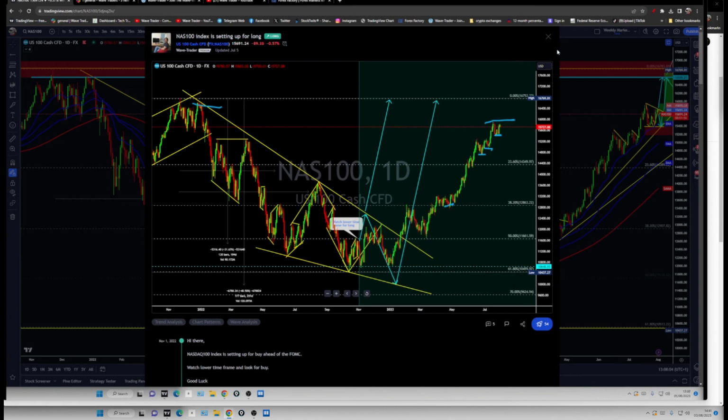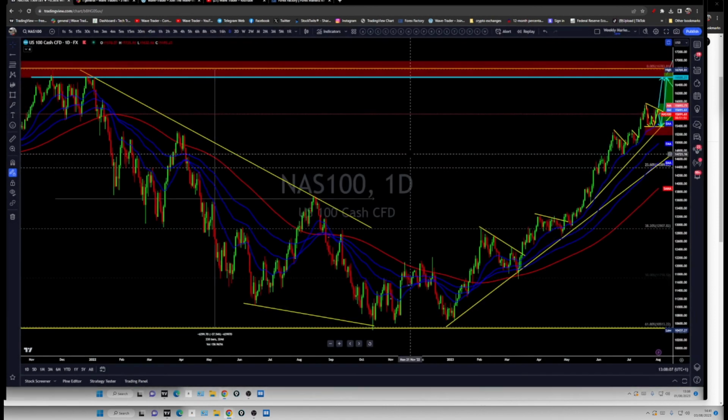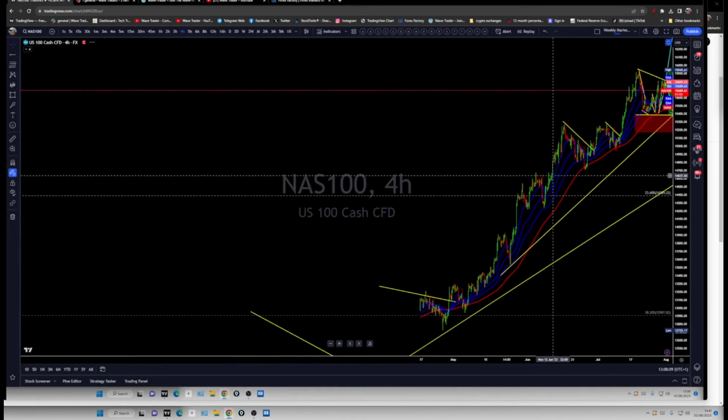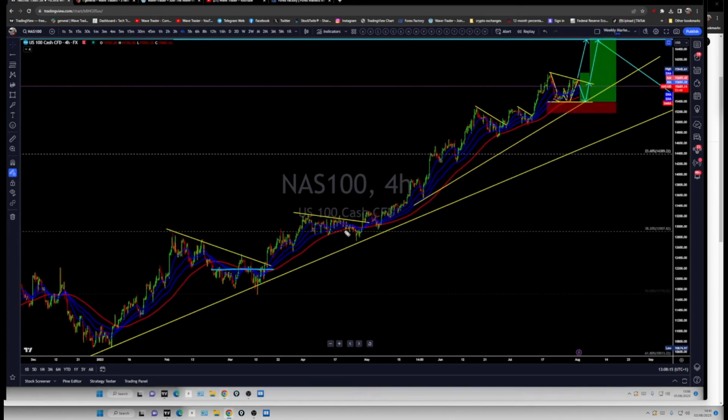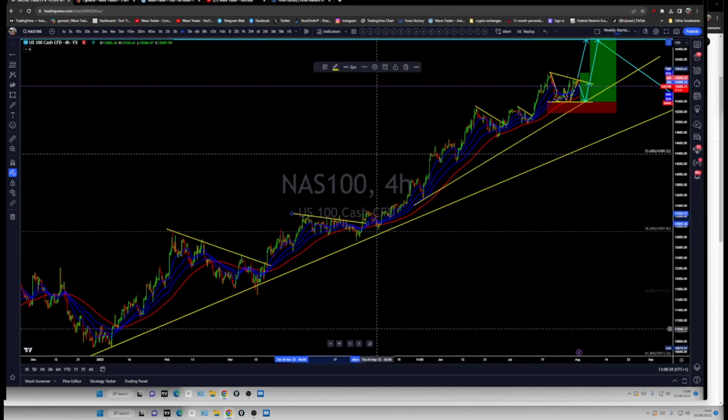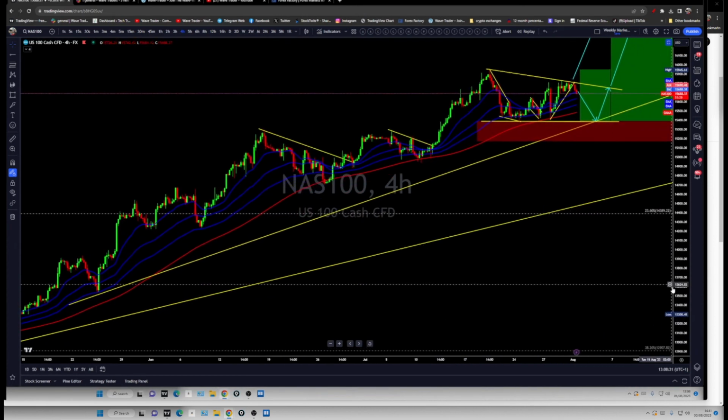If I pull out the 4-hour time frame moving averages, we can clearly see that the price is trying to build a trend again for upside. This is a very nice, simple trending move for upside, and every time price is testing the trend, you are looking for the trend to hold. Simple moving average strategy.